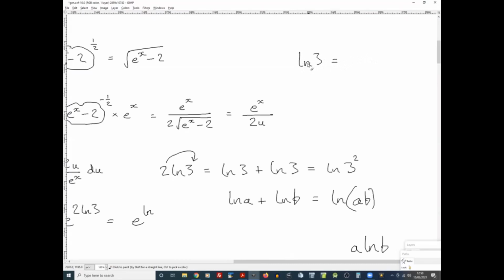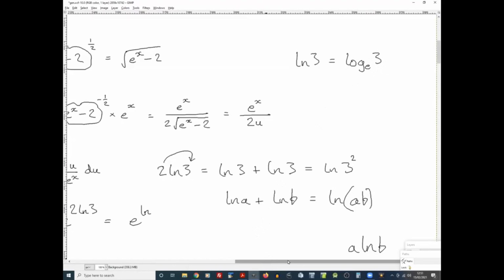So natural log of 3, ln of 3, means log to base e of 3. If it was log, unspecified, log of 3, that would be read as base 10 of 3.